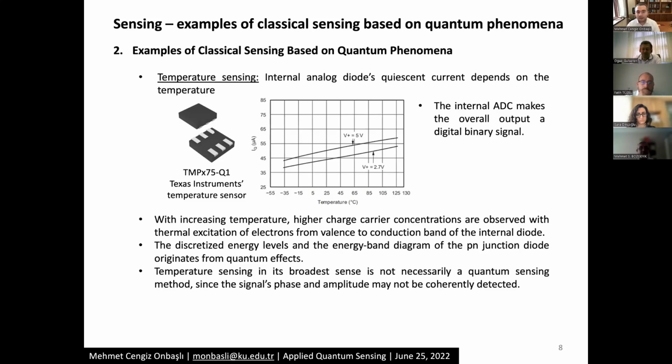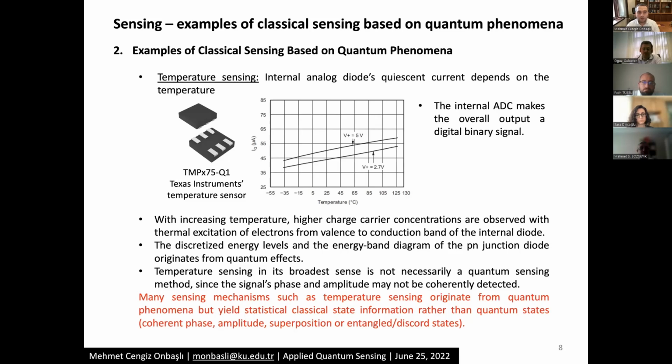And the fact that we have a discretized energy level due to the diode geometry allows us to make use of quantum effects in our sensor. But since we are not receiving any quantum state from the thermal excitations, we are actually doing classical sensing in this sensor. So we need to receive a coherent input, or a coherent superposition state, or a coherent entangled state to be able to make use of truly quantum sensing.